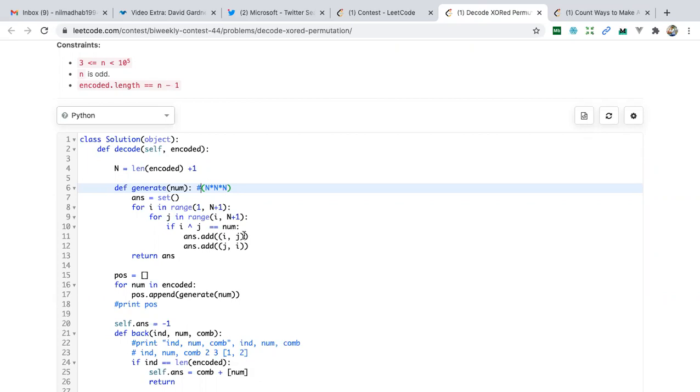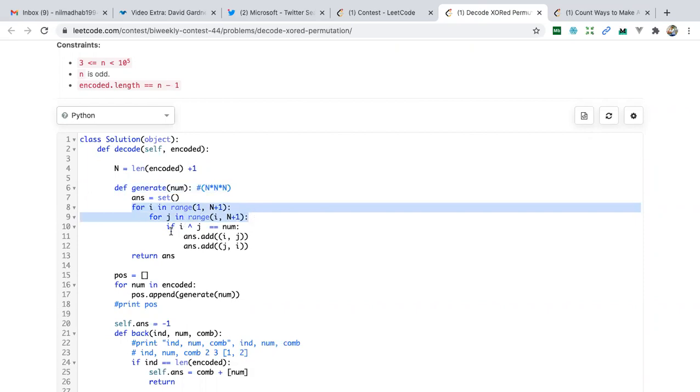So I have one solution. For every i and j, we don't need to do it repeatedly, we can do it only once. Okay, let's optimize it.